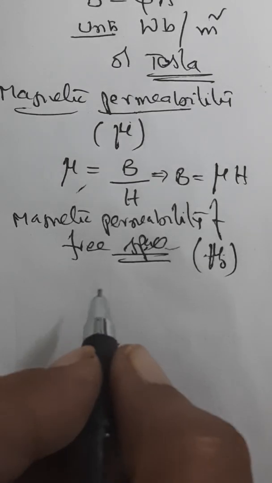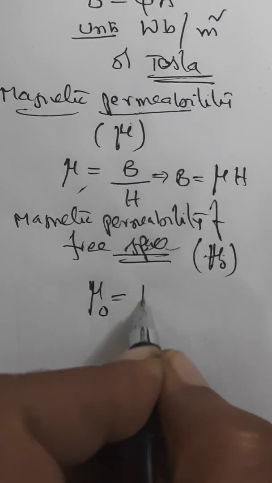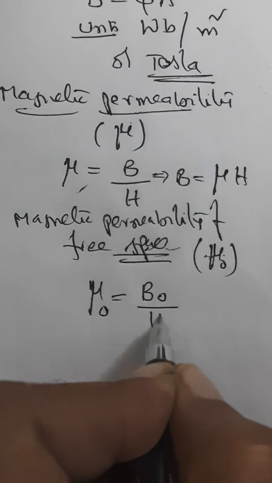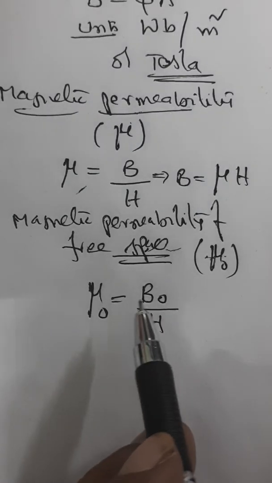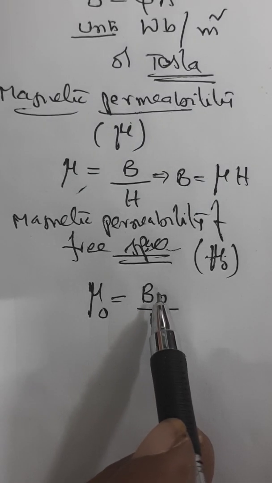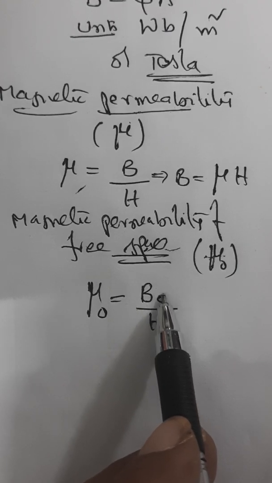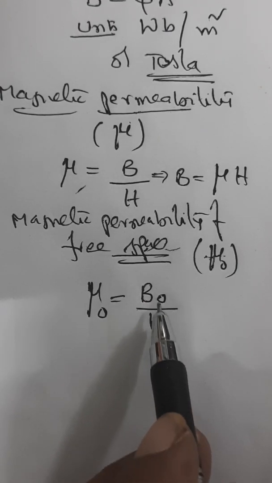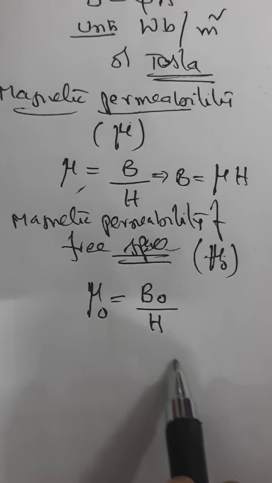So it is defined as the ratio mu naught is equal to B naught by H, the ratio of magnetic induction field strength B naught of free space or air to the applied magnetic field strength.